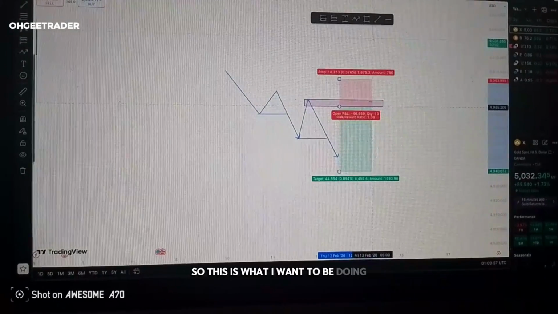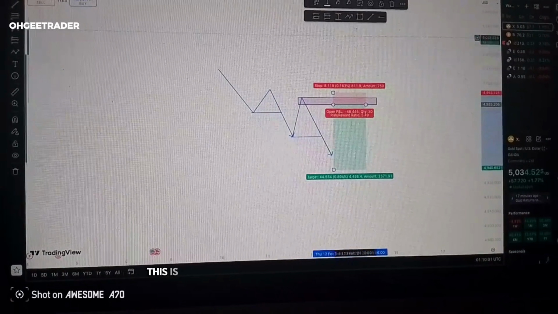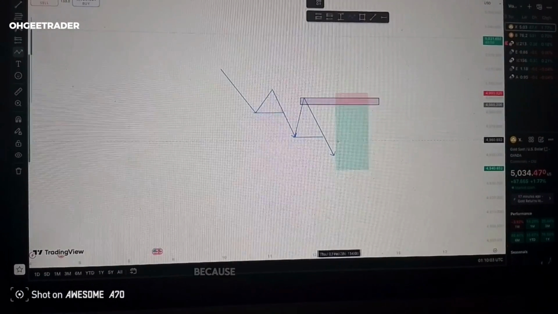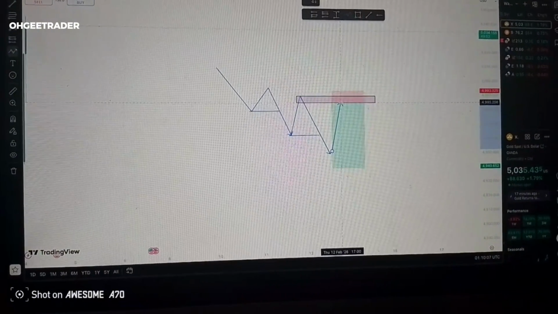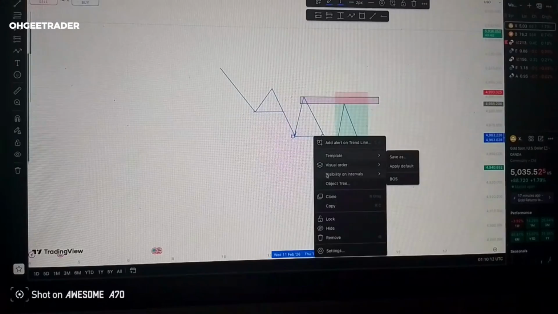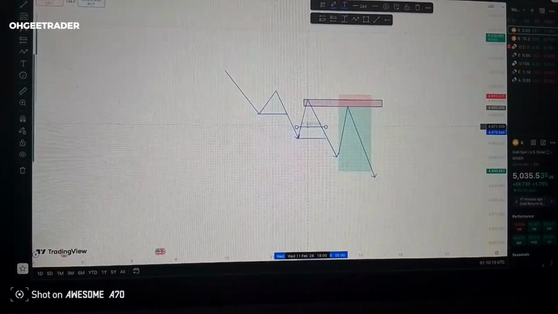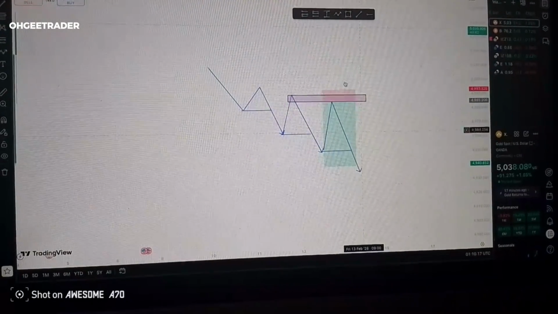So this is what I want to be doing. I want to be taking a trade for the downside. This is how I want to take a trade to the downside, because what is going to happen? The market will pull back here, come out from another breakout structure. What will happen again?